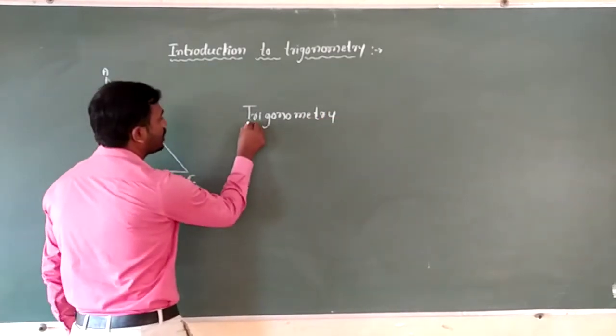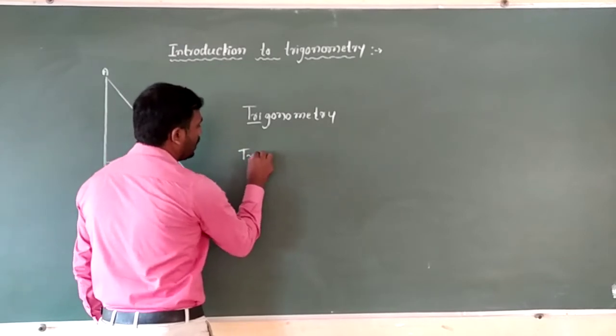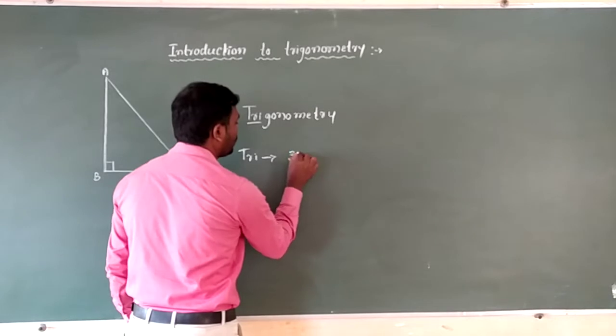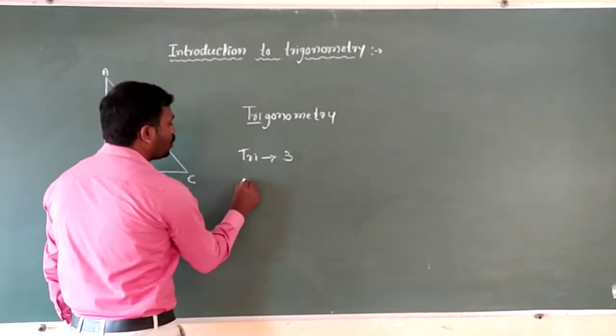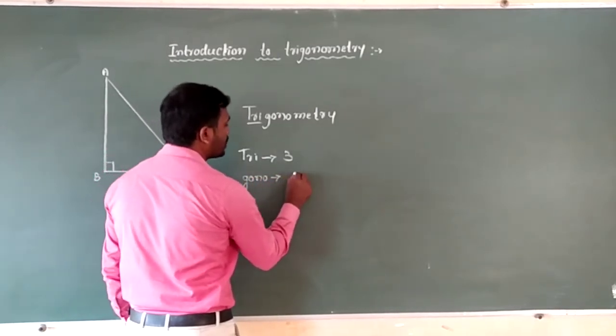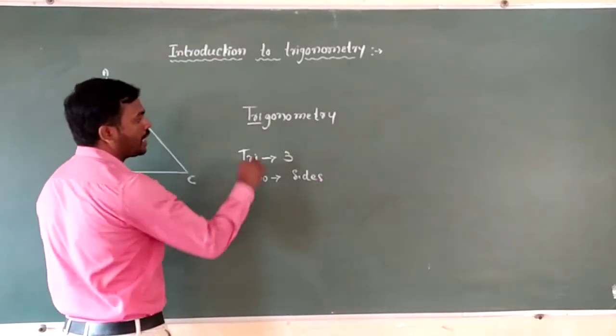Trigonometry. Here, tri means three. Gono means sides.